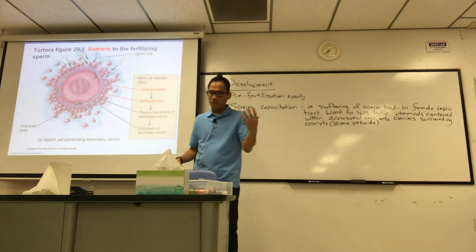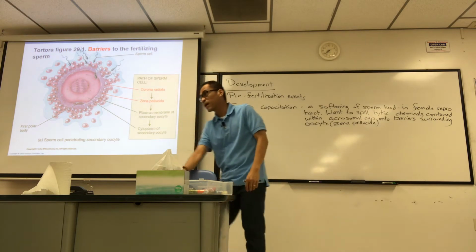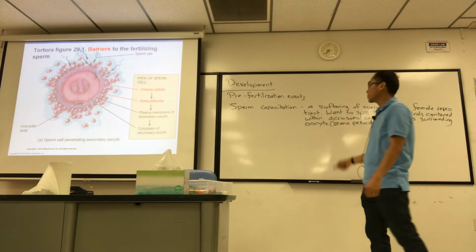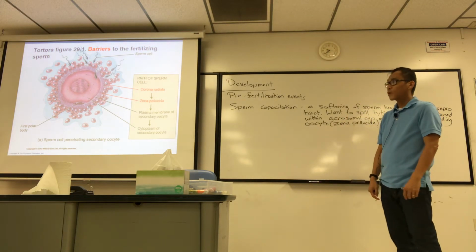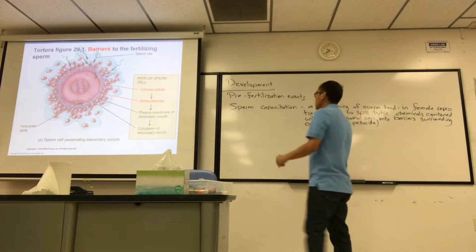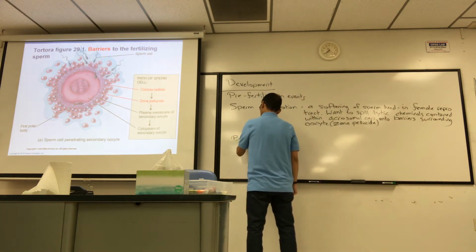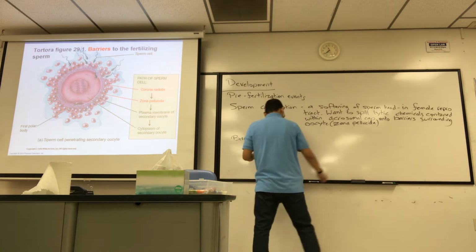Well, here's a picture of those barriers surrounding the oocyte. So in red, I have also, in addition to the zona pellucida, the corona radiata. Barriers to sperm penetration.